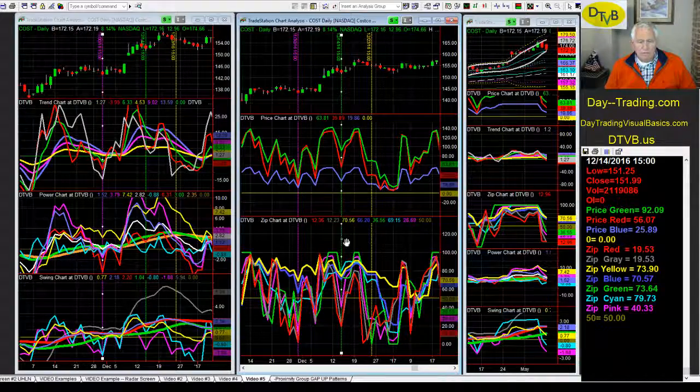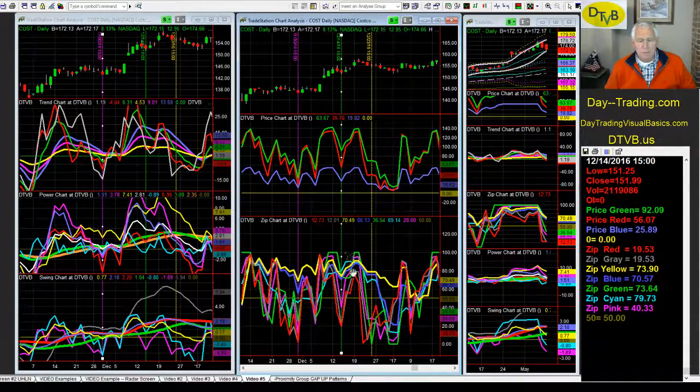The green vertical line, you may have not noticed it, pretty hard to see, but the zip Zion is highest. And if you understand what zip Zion means, when zip Zion is highest and going down, it has a downtrend motion. Most of the time when zip Zion is highest, even when it goes up, it will still go down.